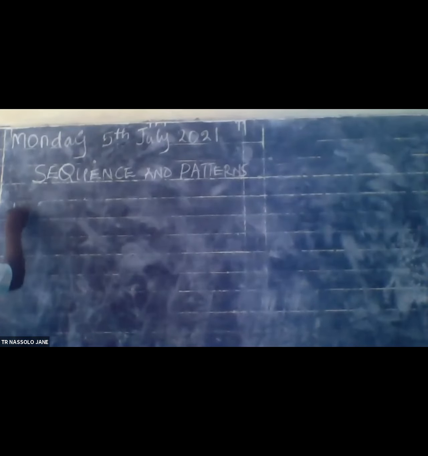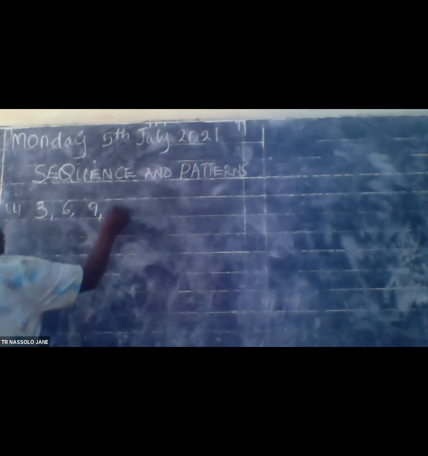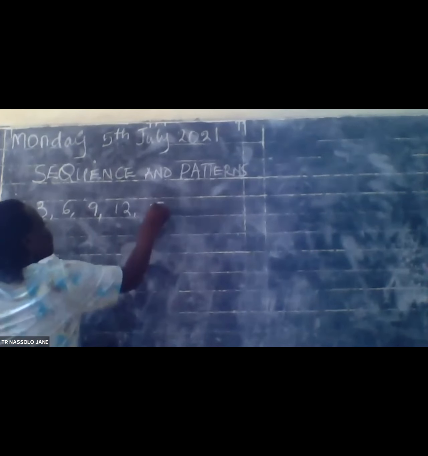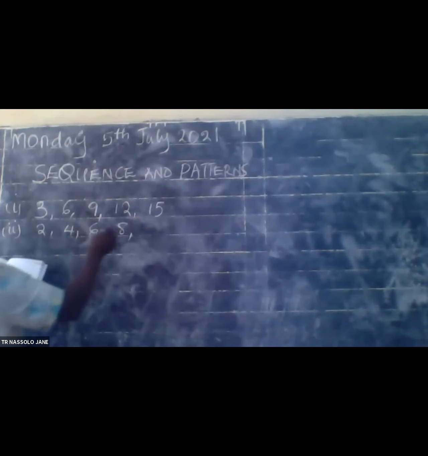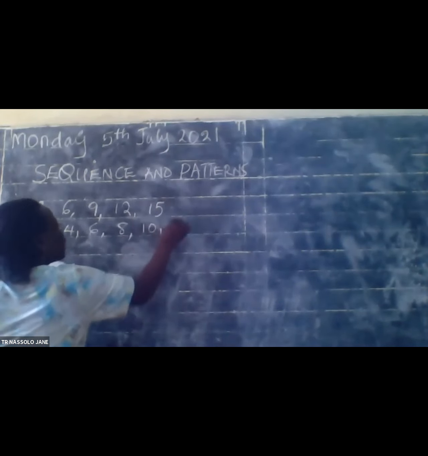The sequence is? Roman 1, we have 3, 6, 9, 12, 15. Roman 2, we have 2, 4, 6, 8, 10, 12.